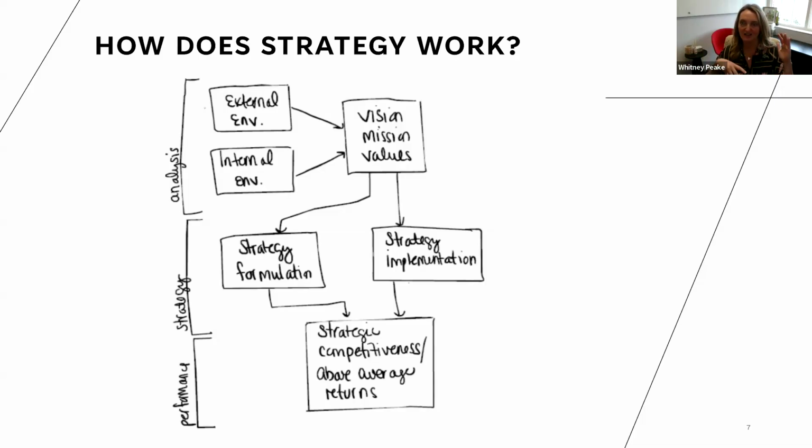So you have to analyze, formulate your strategy, implement it, and then measure performance. These are the factors through which a firm is going to do that. We'll cover all of this more in depth as the semester moves along, but this visual is really going to inform the approaches to strategy and how strategy is built in the subsequent slides.